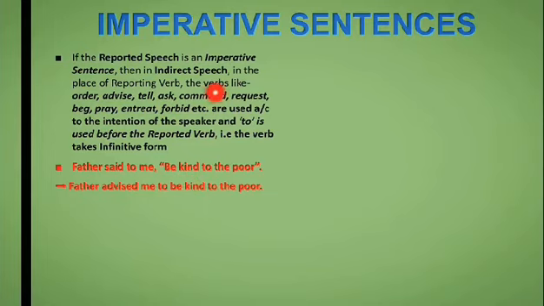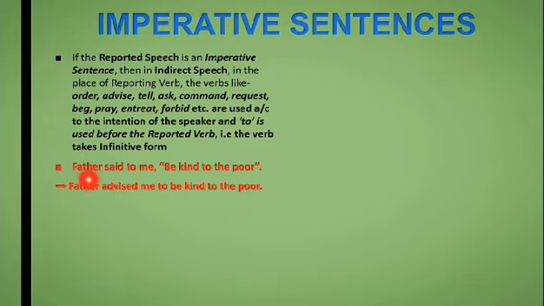So in the place of the reporting verb, that is said to, we will be using verbs like order, advise, tell, ask, command, request, etc., according to the intention of the speaker. Whatever kind of intention is described in the reported speech, that would be used as the reporting verb.